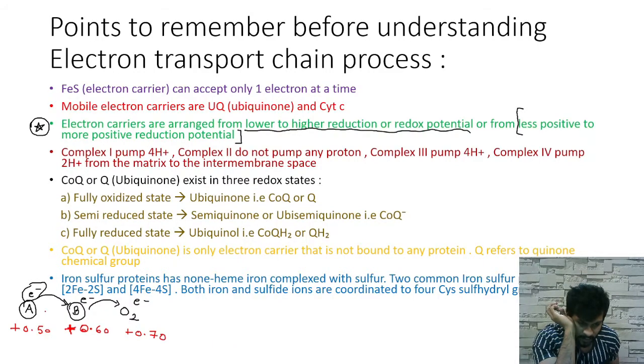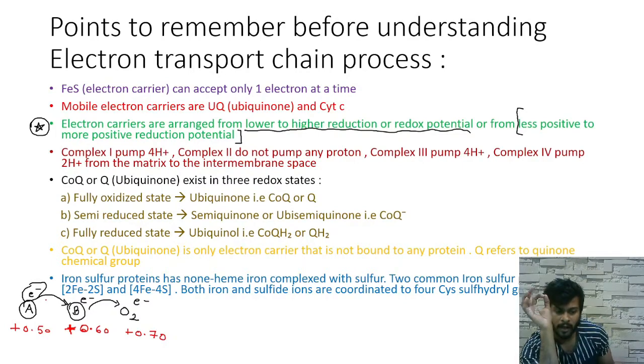So if we logically think, will the electron remain with electron carrier A, or will it get pulled by electron carrier B? In this case, obviously it will be pulled by B because this is more positive.